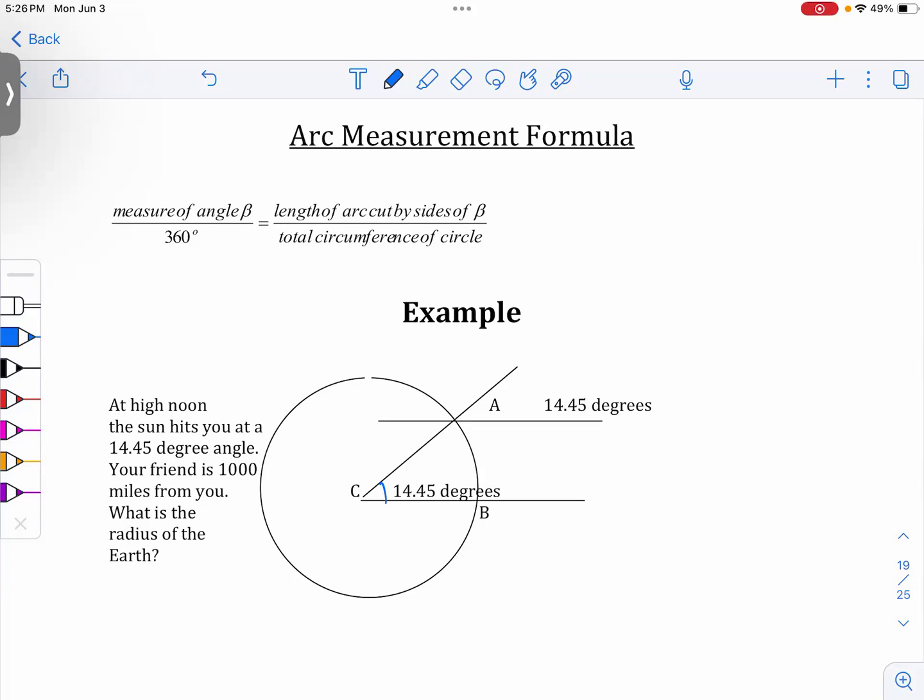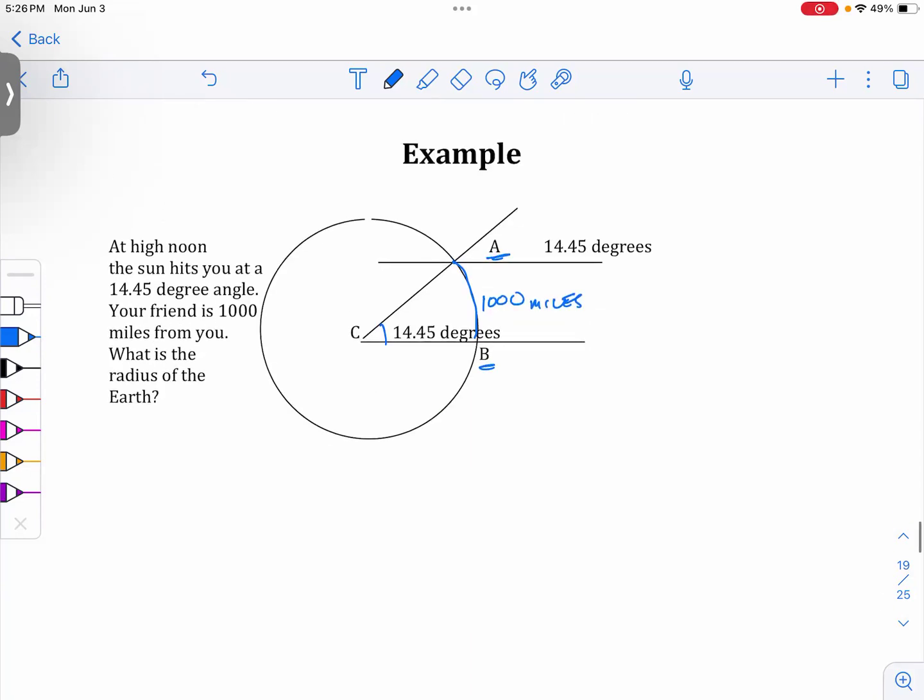So if you are person A and your friend is person B, meaning this arc length distance is 1,000 miles, I can then use the concept of transversal here and basically corresponding angles.